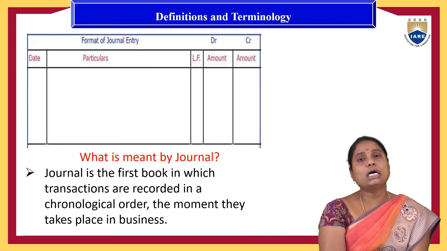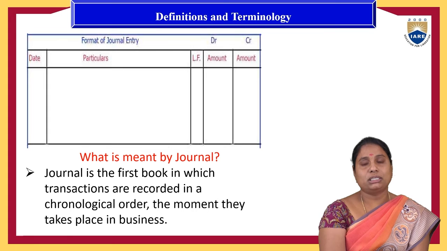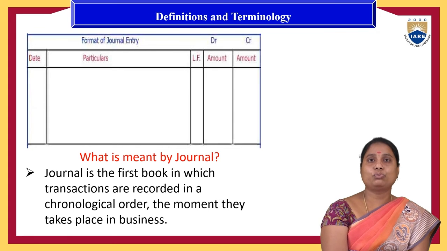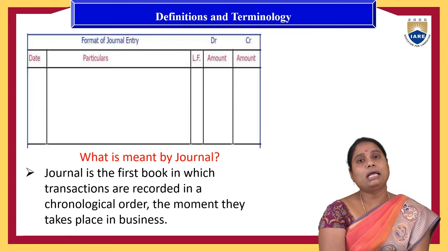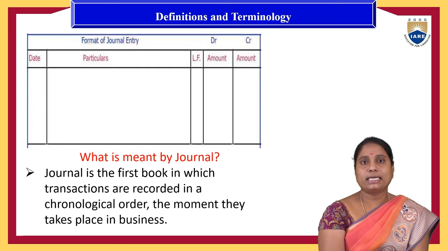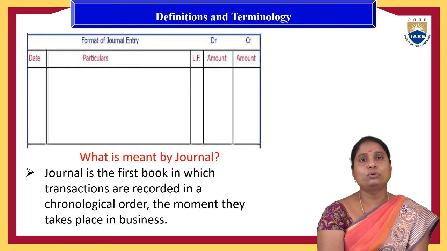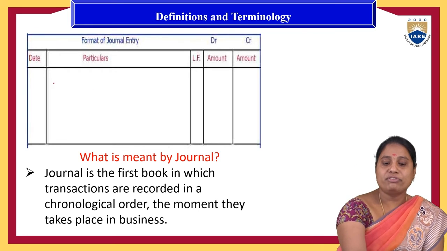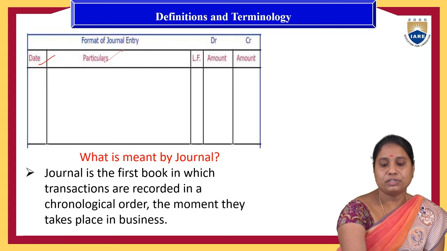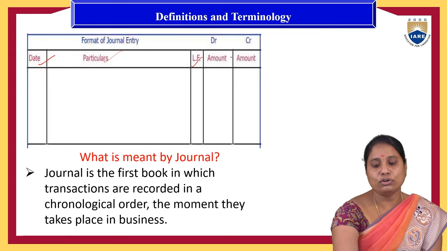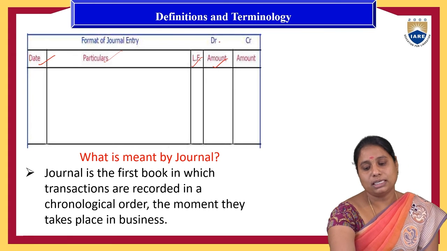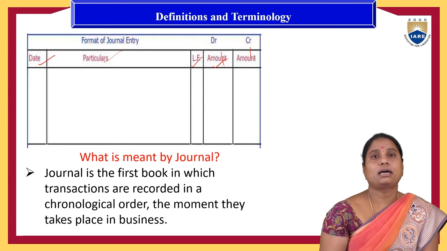If it is a real account, the rule is debit what comes into the organization, credit what goes out of the organization. If it is a nominal account like salaries, wages, etc., the rule is debit all expenses and losses, whereas credit all incomes and gains. Based on these rules, they maintain the journal books, and this is the format for journal entries: date, particulars, ledger folio number, and the debit amount and credit amount.